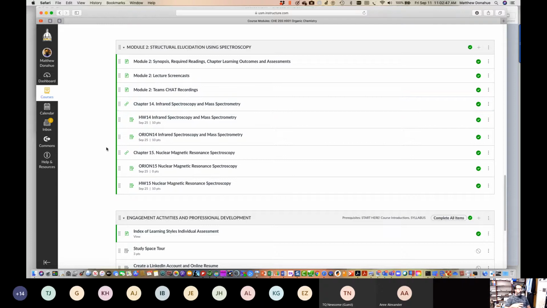When you're doing the homeworks or the Orions, please click these links directly to take you into Wiley Plus, so that your grades transfer properly from Wiley Plus into Canvas. Any questions on that?